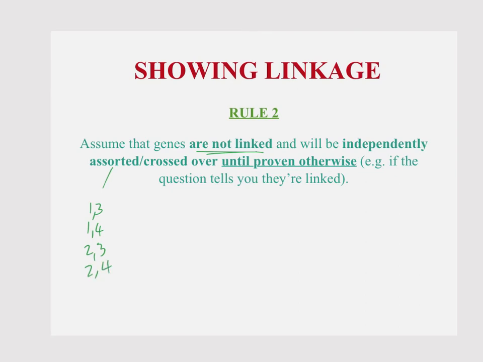So if the question tells you they're linked, or it gives you the cross to do at the beginning and then says, right, this is the actual observed offspring, are the genes linked? Then you need to assume that they aren't until you've been given reason to know otherwise. And it's not just a suggestion, you need to have that knowledge, that certifying the fact that they are linked, and then you can ignore the 1, 3, 1, 4, 2, 3, 2, 4 and just do the 1, 3, 2, 4.